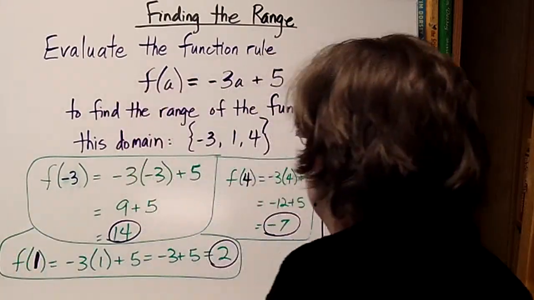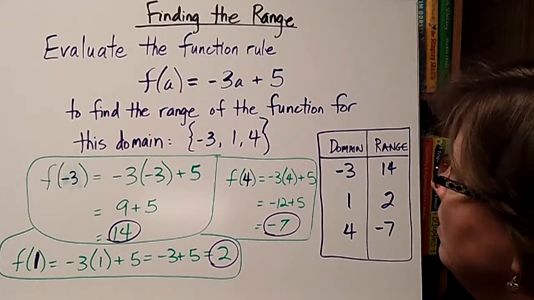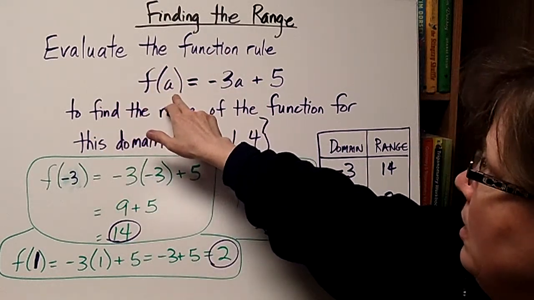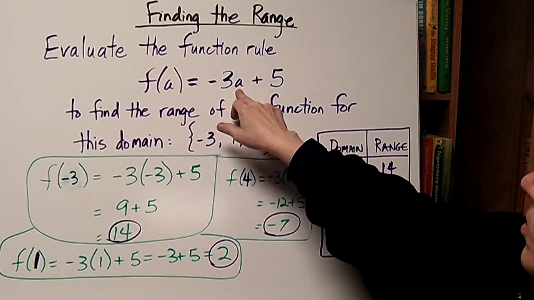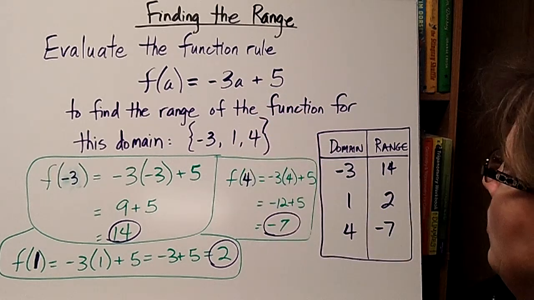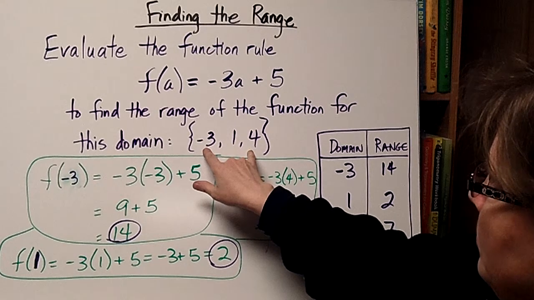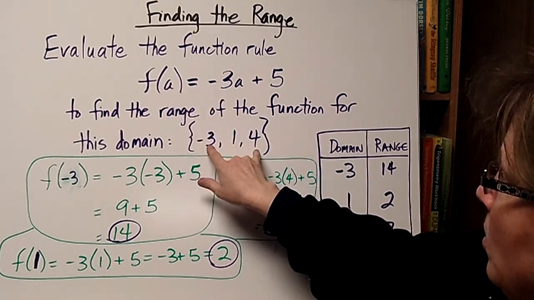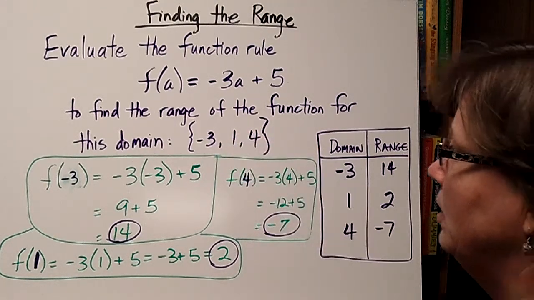Okay, on this one we are going to find the range. If we evaluate the function rule f of a, the function rule says f of a is negative 3 times a plus 5. So if we want to find the range of this function for this domain, in other words for these values of a, we would slide these values one at a time in for a.